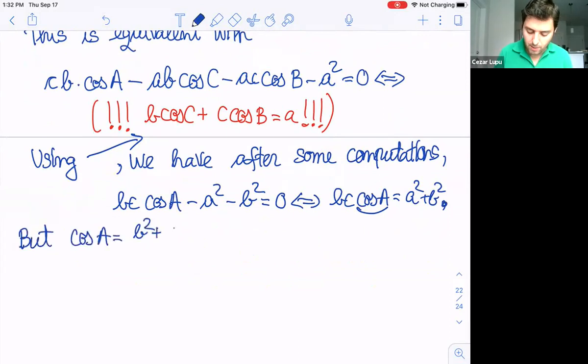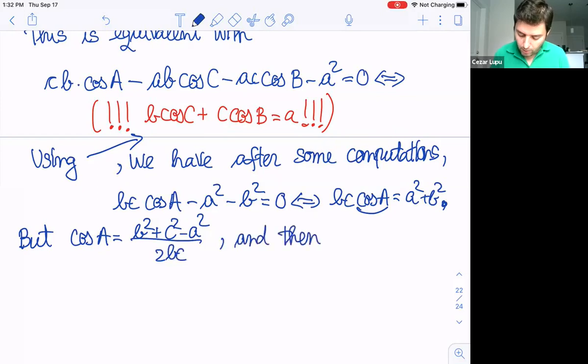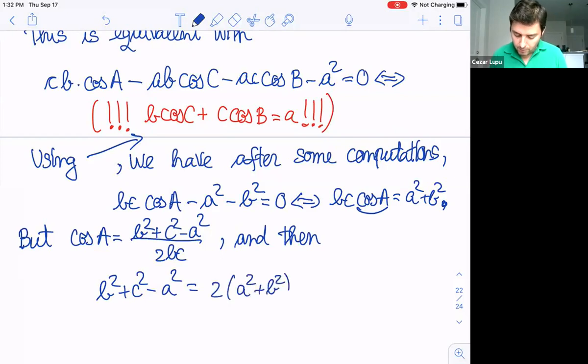It's B squared plus C squared minus A squared over 2BC, and then we have what? It will be B squared plus C squared minus A squared is equal to 2 times A squared plus B squared.